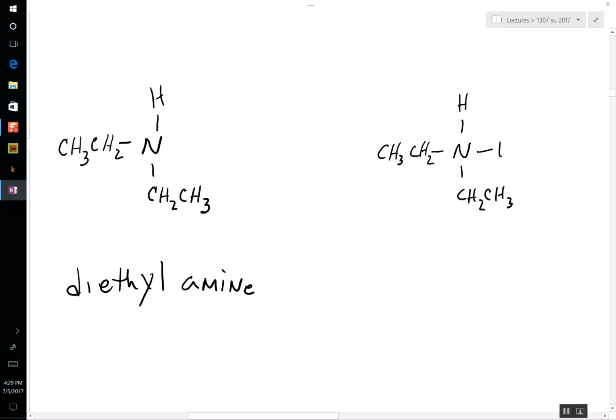You got another hydrogen and a chloride. How did you get that? Well, that's how that was made. It was made from diethylamine plus HCl formed 2D. The compound that you see in 2D.